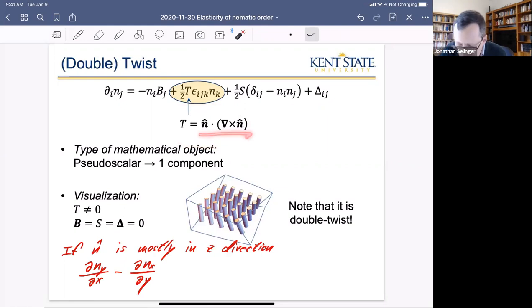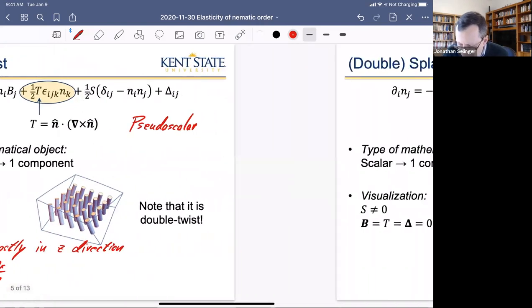So the dot product of these two things is a pseudo scalar. So it's a pseudo scalar that tells us how much of the right-handed twist do we have versus how much of the left-handed twist do we have. Okay, that's the second mode.